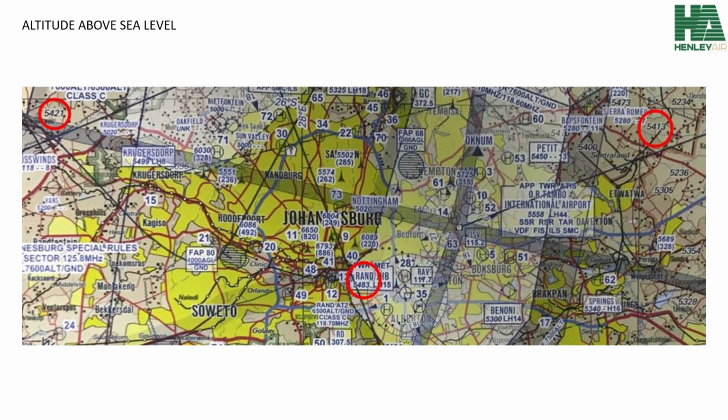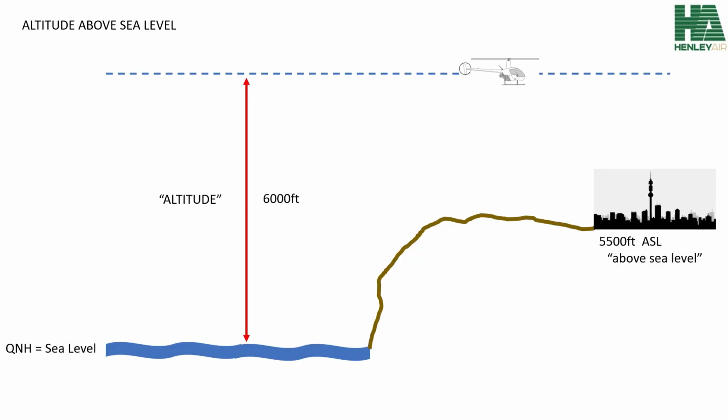There's 5,421 feet, Rand Airport is 5,483 feet, and so on. On a map like this, you'll get a general idea of the average height of the ground level where you are flying. If you're flying in Joburg, you will have an average height of, let's call it, 5,500 feet above sea level.